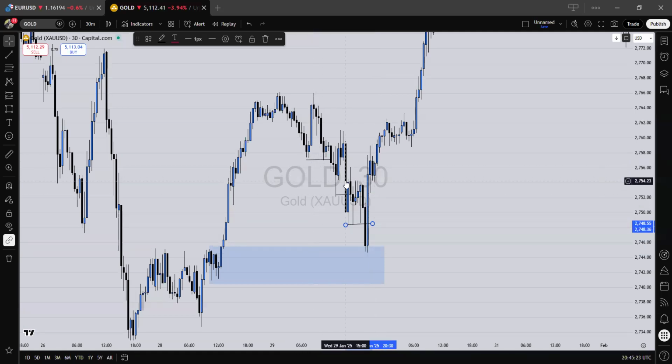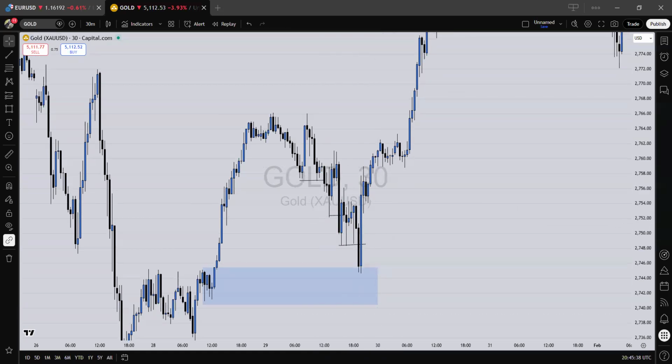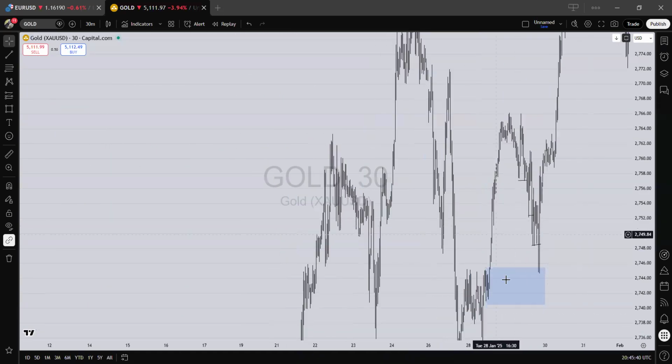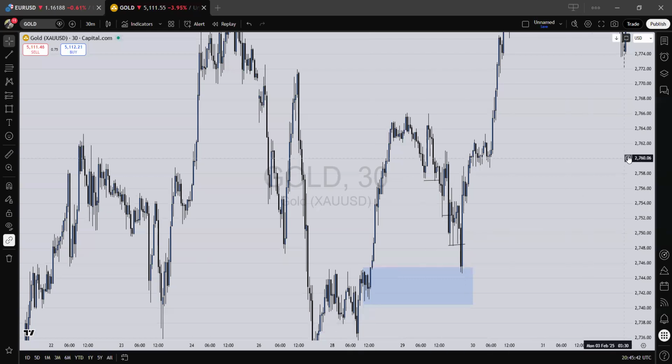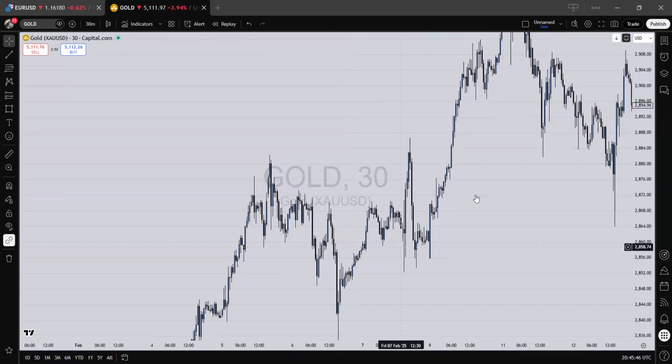During the day, I was looking at these patterns, how they were forming. I was waiting below here, and then price broke three lows and this buy happened. I just said, let me try it and see whether these three breaks will actually count. And it did.